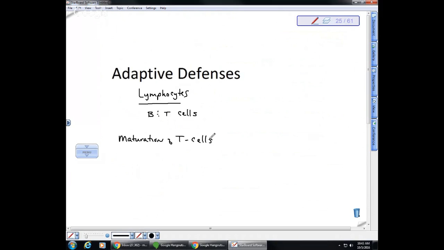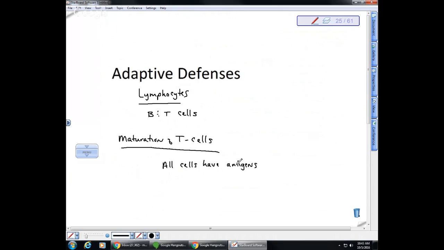When we look at the maturation of T cells, we can talk about the types of proteins that are on the surface of our cells normally, and these are called antigens. So all cells have antigens. And we talked about this a little bit when we were talking about the blood types. These are antibody generating molecules, okay?